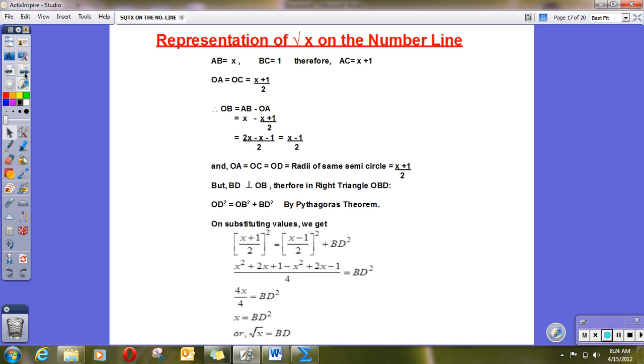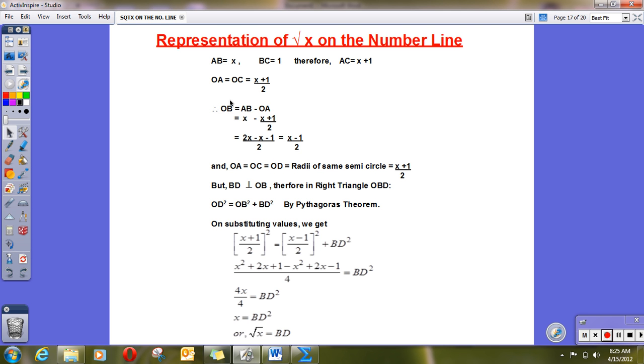Let's see what we did. AB is equal to x. We extended it by 1 unit, making BC equal to 1. Therefore, AC became x plus 1. OA and OC were the two halves of line AC. That means both were equal to (x plus 1)/2. But we also wanted to find out what is OB.